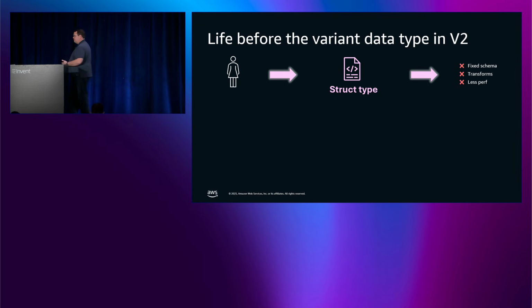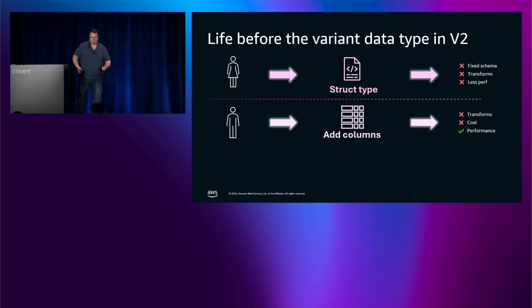With this, again, you have to operate with a fixed schema. There is a little less profile on the performance that we'll talk about later as well. And you're also paying additional costs around the transformation of that data.